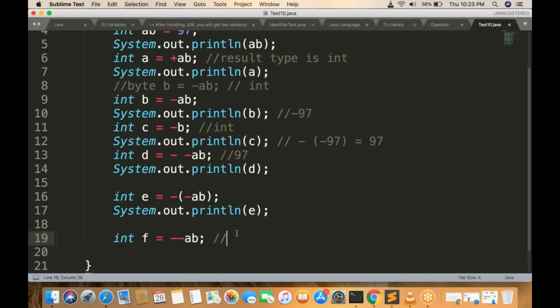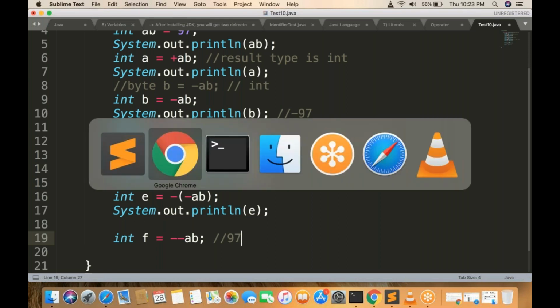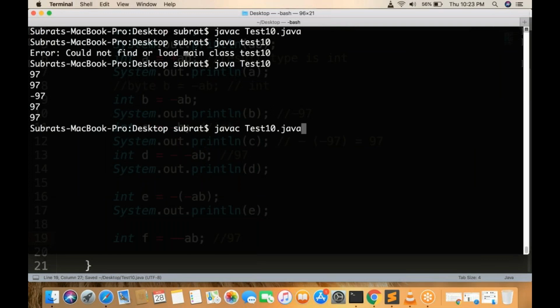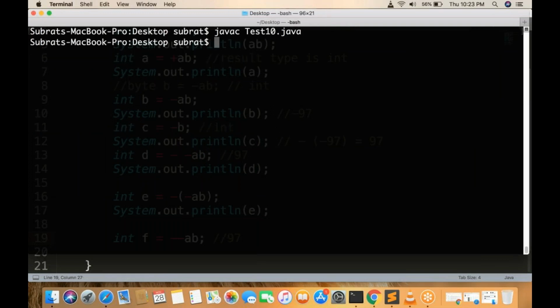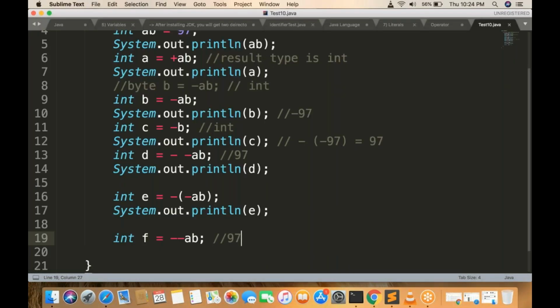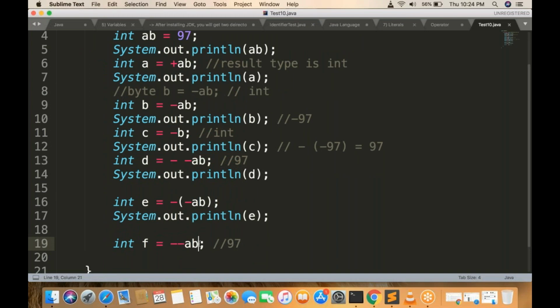Can you tell me? Abhinay is saying 97. What about Akansha? 97. Okay, let's see here. Ctrl S, save it, compile it, and run it. Clear?